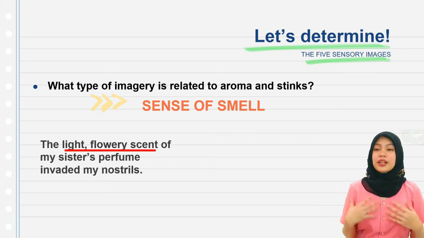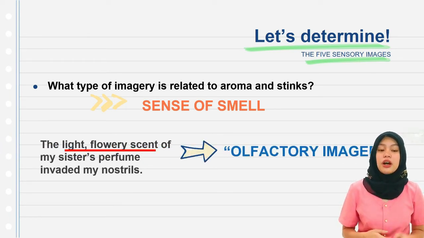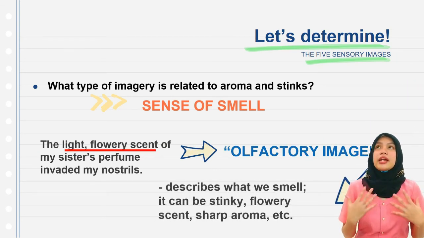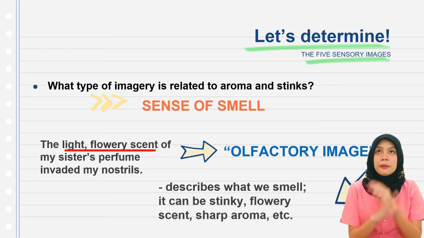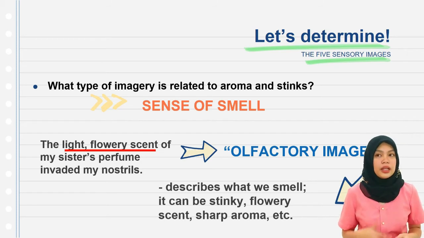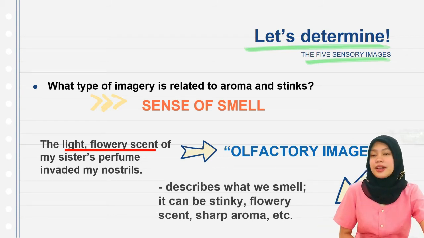This is called olfactory imagery. Light flowery scent creates a sense of smell. It creates an image of my sister's perfume smelling light and flowery. So olfactory imagery, class, describes what we smell. It can be stinky, a flowery scent, a sharp aroma, and so on.